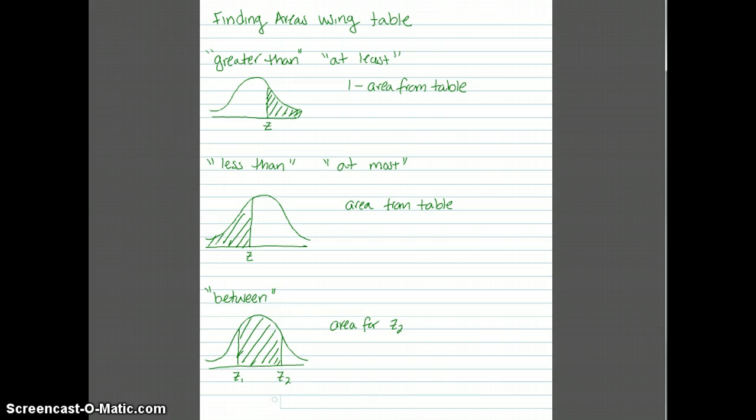Now the larger area would come from z2 because that is the value furthest to the right. So we'll go ahead and subtract the area for z2, and then from that subtract the area for z1 to get the area between. So I want you to use the idea of finding something greater than, which you could think of also as to the right, less than, or to the left, or between two values.